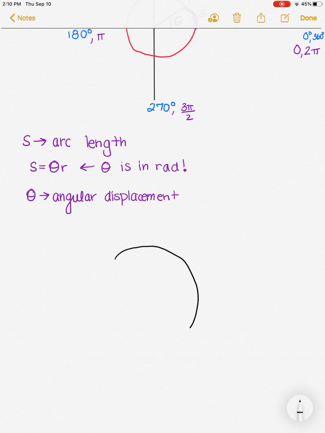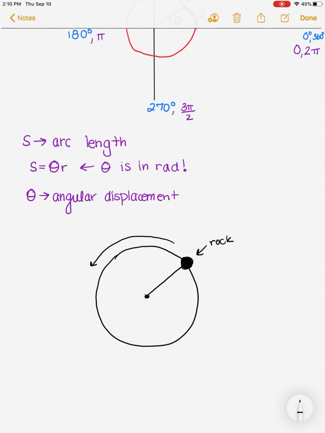So now let's just say we have a circle. And at the end of the circle, we have a rock. And this rock is being swung around in a given direction.